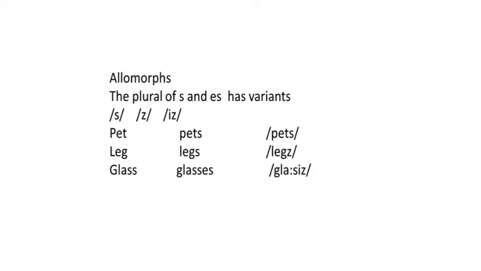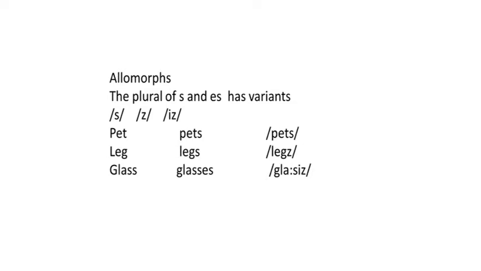So an allomorph may be defined as a variant, concrete realization of a morpheme which occurs in a certain definable environment. When a morpheme is represented sometimes by a phonetic shape such as S and sometimes by another shape, such as Z and Iz, all these are examples.